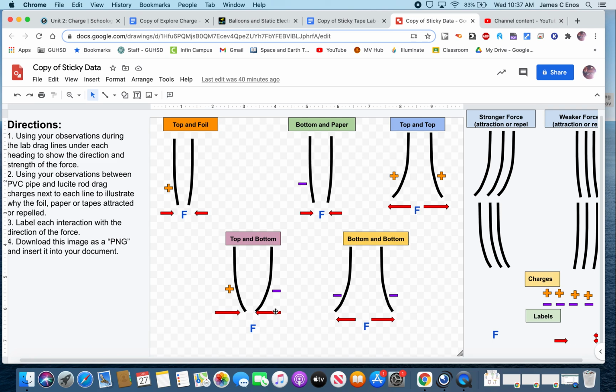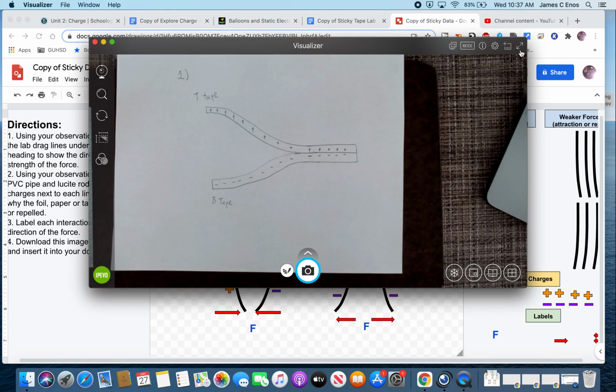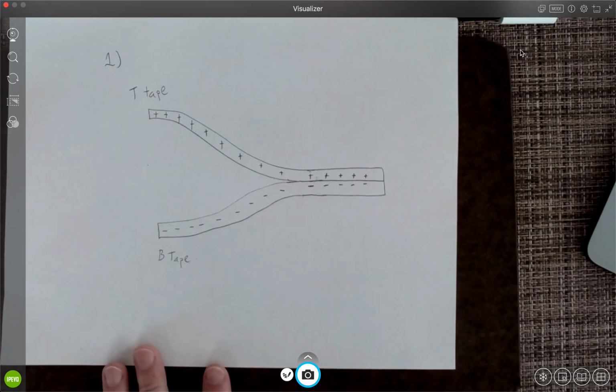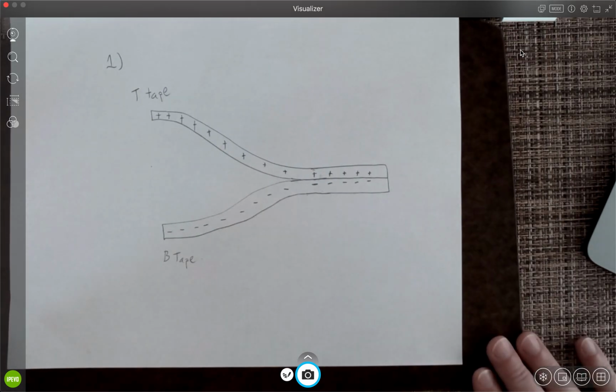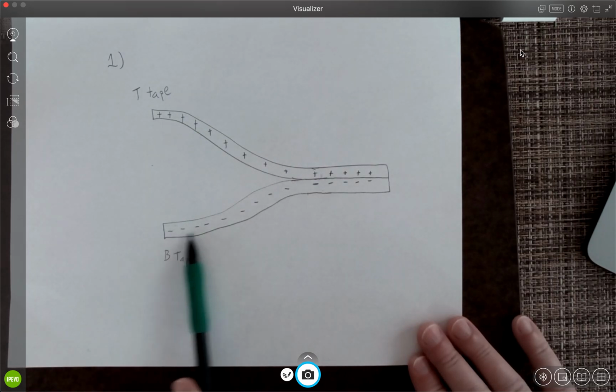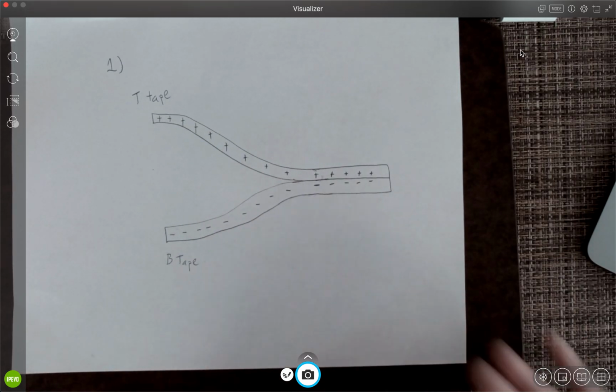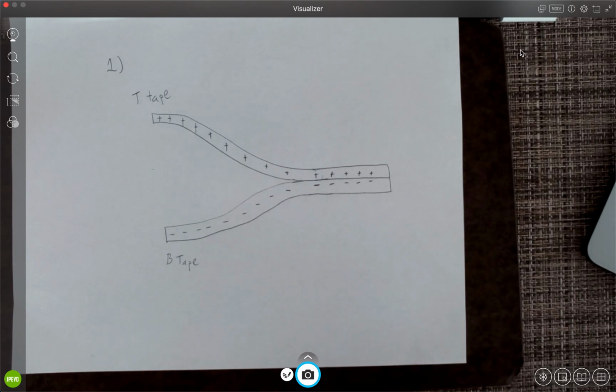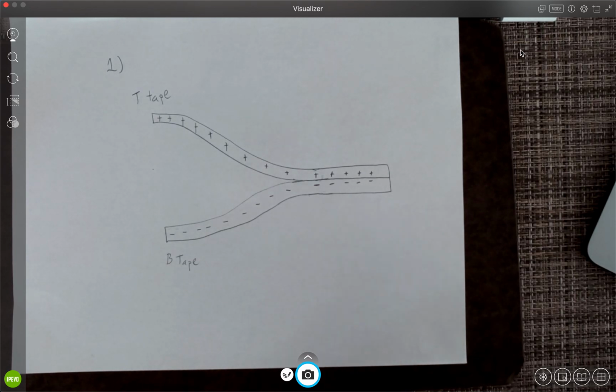In that analysis, we were asked to include some hand drawings. In the hand drawings, I show here the top tape getting the positive charge and the bottom tape getting the negative charge. We know the top tape had the positive charge because it was attracted to the PVC rod, which is a negatively charged object.